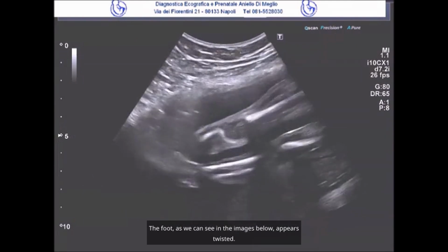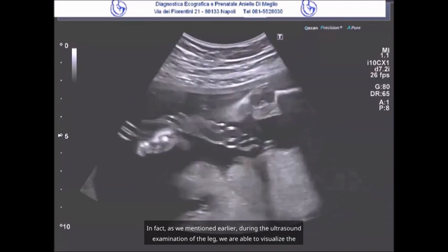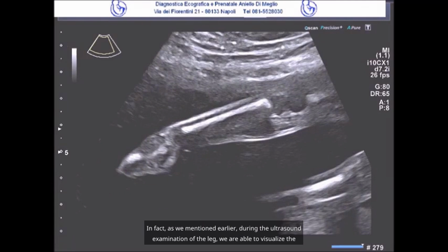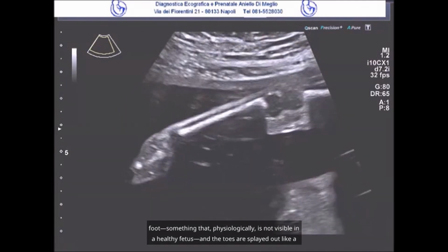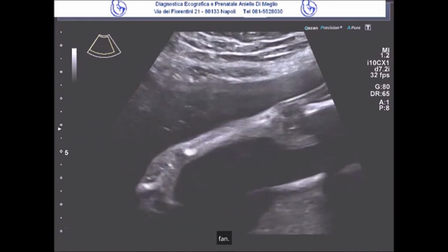The foot, as we can see in the images below, appears twisted. In fact, as we mentioned earlier, during the ultrasound examination of the leg, we are able to visualize the foot, something that physiologically is not visible in a healthy fetus, and the toes are splayed out like a fan.